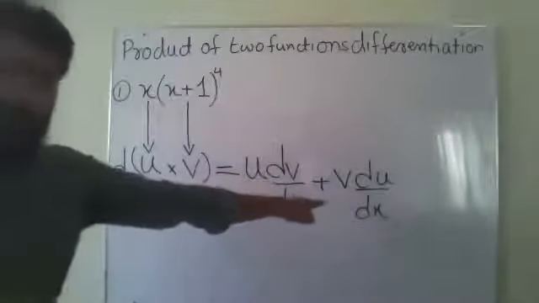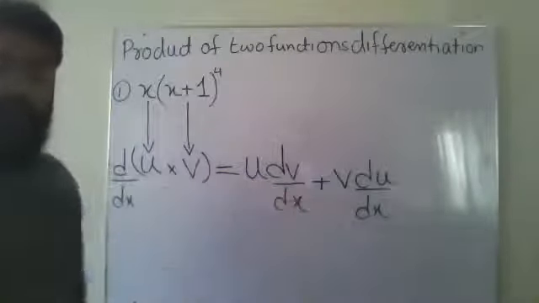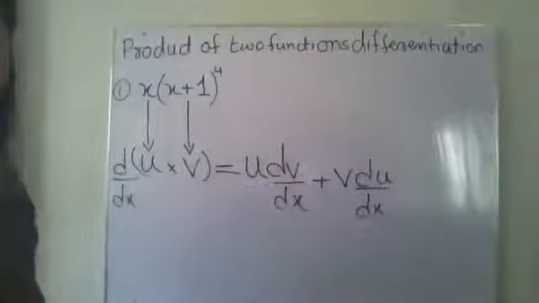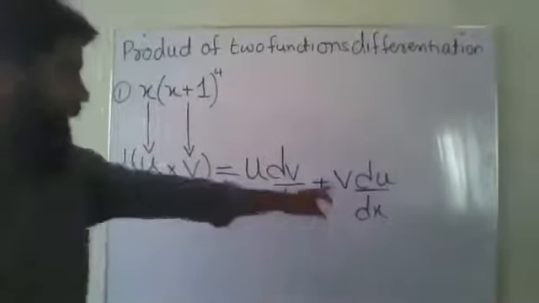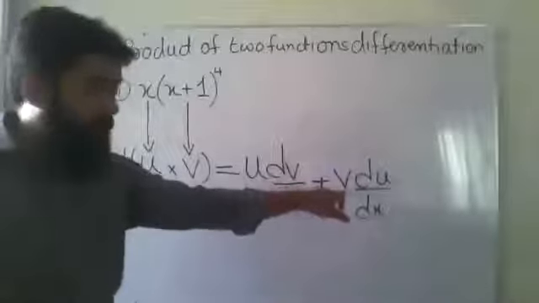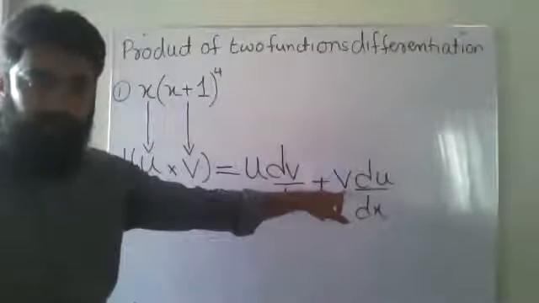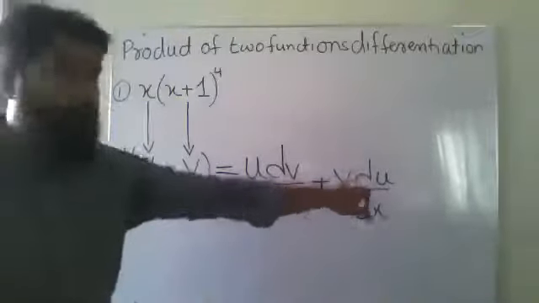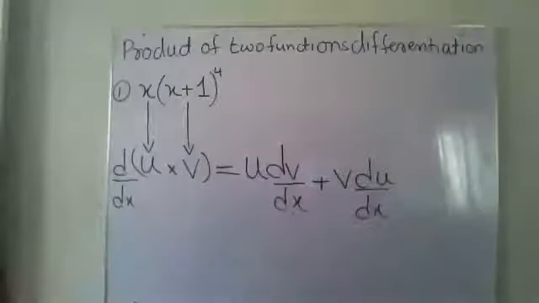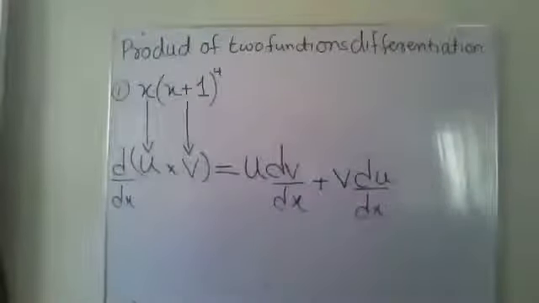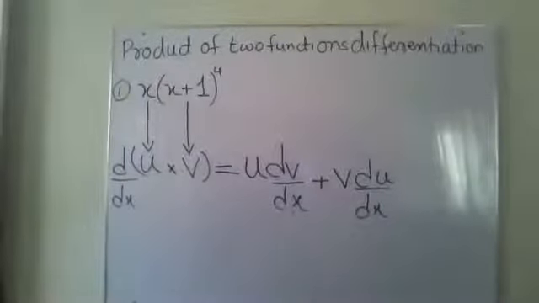Then you will put a plus sign. After putting the plus sign, you will write your second function and you will multiply it with the derivative of the first function. This is how you are going to write.